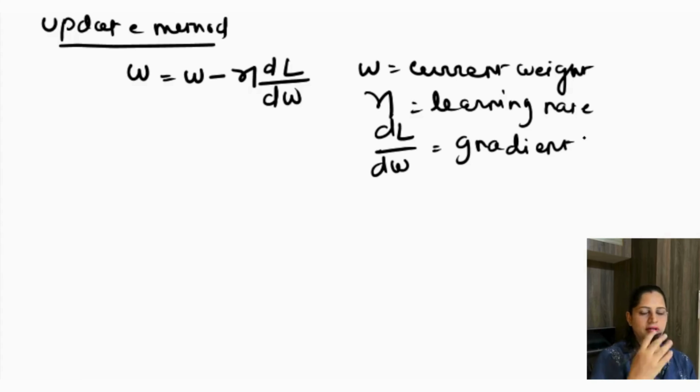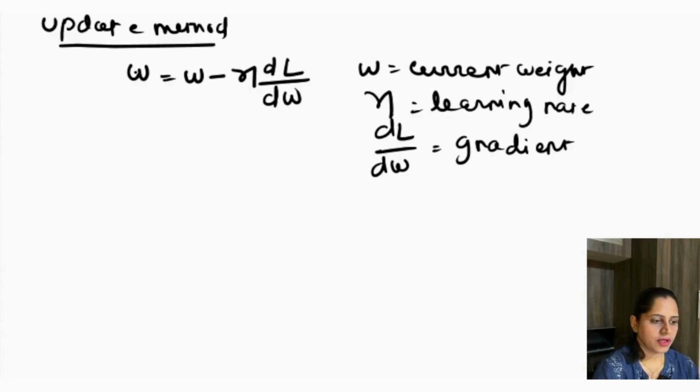Now it should be clear why it is called gradient descent. There are two words, gradient and descent. We need to descend the gradient every time. We do not have to increase it, we need to decrease the gradient. So it's gradient descent.